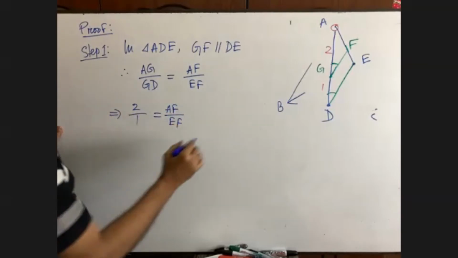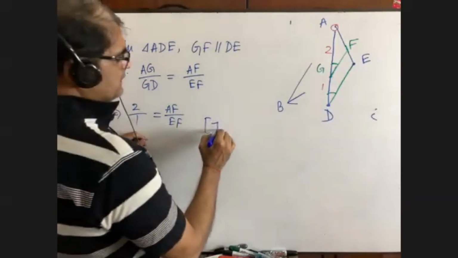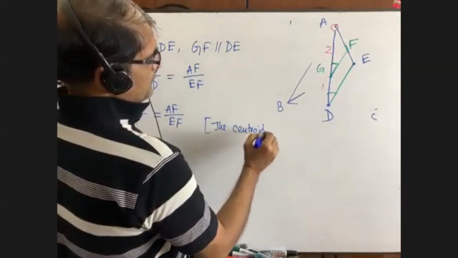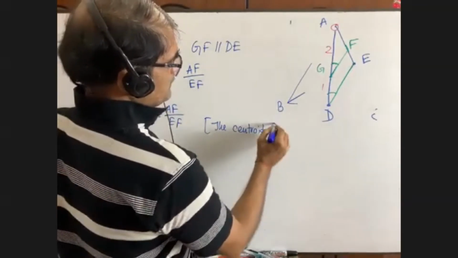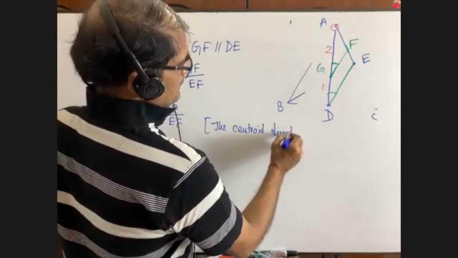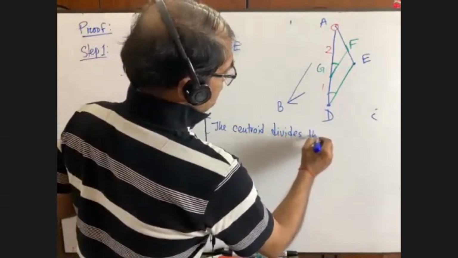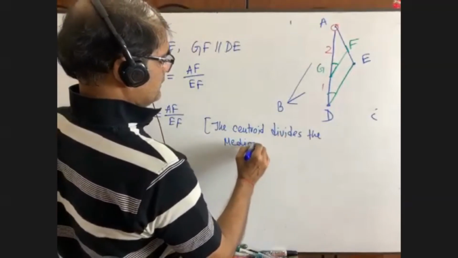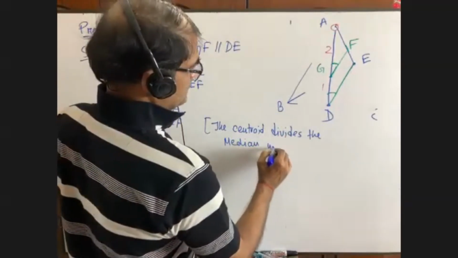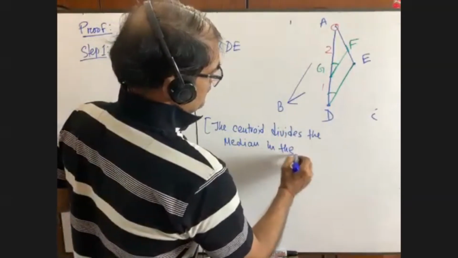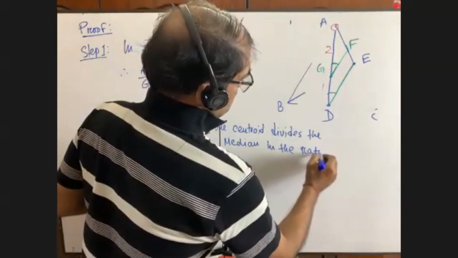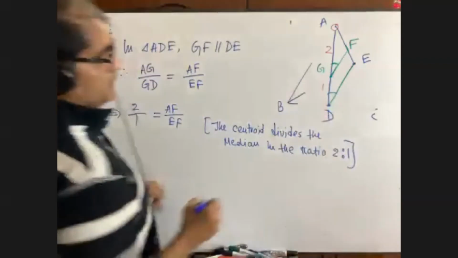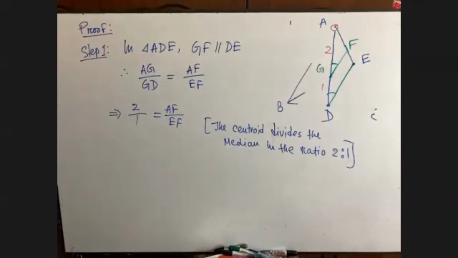Give the side note that the centroid divides the medians in the ratio 2:1. Okay?